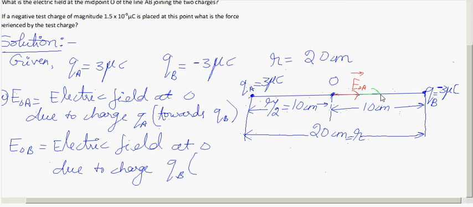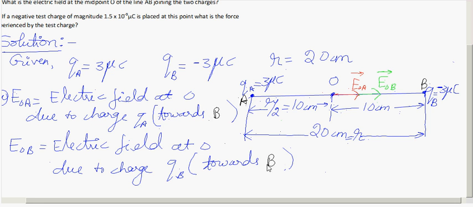Therefore, we can write the direction of EOB is also towards QB or towards B, because we can mark these points as A and B. This point, if it is A, this point is B. So towards QB, or I can mark towards B also here.